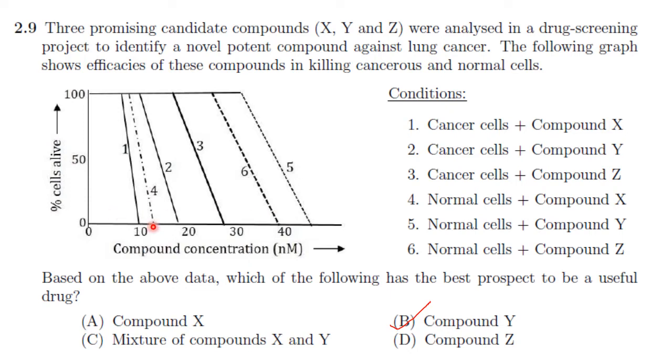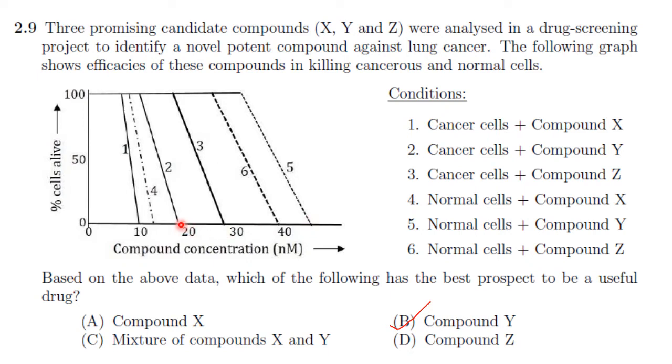Although compound X is found to be more potent against cancerous cells, it is not the best drug. Why? Because it is killing the normal cells at a slightly higher concentration, around 13 or 12 nanomolar. Z is also not a good drug because at a concentration of 40 nanomolar it is killing the normal cells.